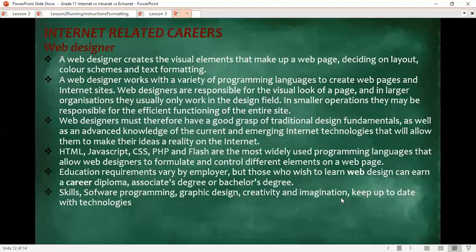And you must have a good imagination and be able to put those imaginations into reality. Keep up to date with technologies. That is another thing that we said. You must keep up to date with the trending and new technologies.